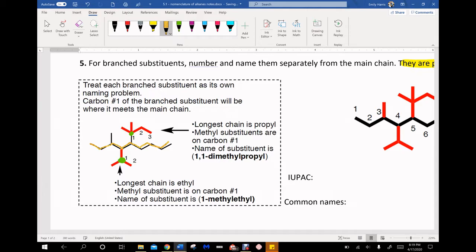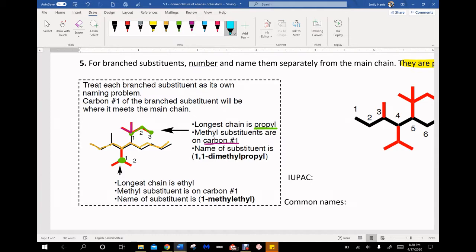What we're going to do is, on that carbon, look for the longest chain. In this case, the longest chain of that attached carbon is 3 carbons long, and that corresponds with the name propyl. Then off of that chain, you have 2 methyl groups attached to carbon 1.